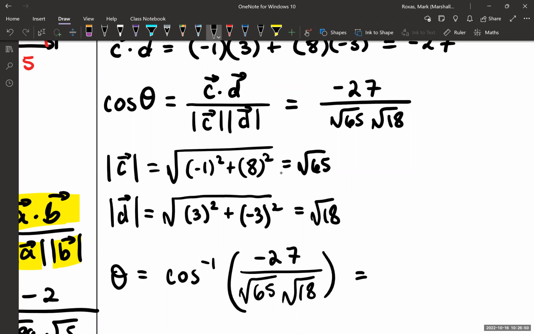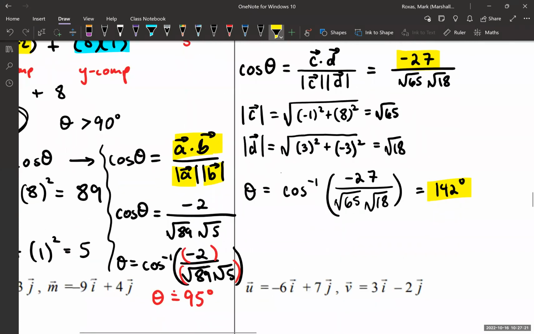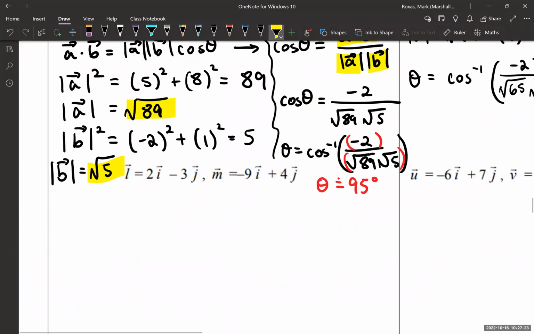Okay, and if I put that into the calculator, -27 divided by the square root of 65 times the square root of 18, that is 142 degrees. And again, as we expected, the dot product is negative, so the angle is greater than 90 degrees. Okay, let's do an example where the vectors given are unit vectors.